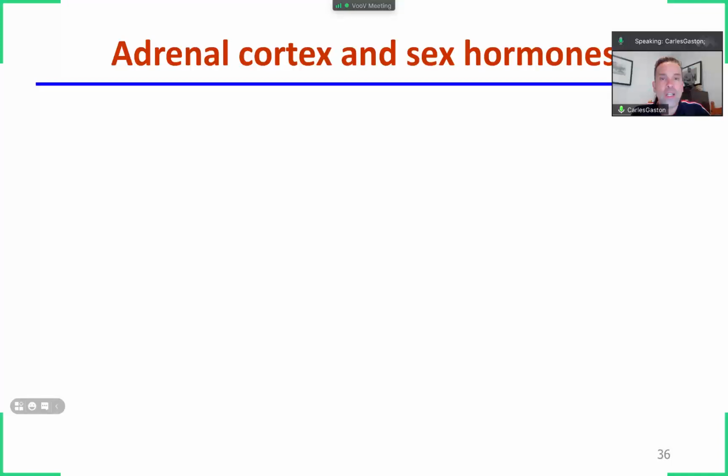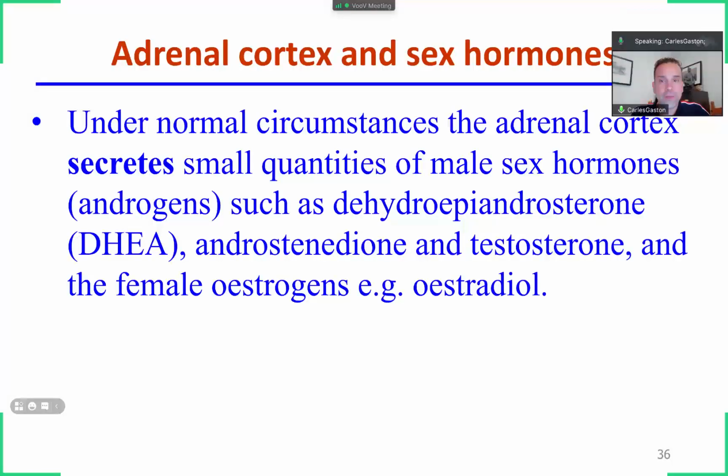So, adrenal cortex and sex hormones. Under normal circumstances, the adrenal cortex secretes a small quantity of male sex hormones called androgens, such as dehydroepiandrosterone, also known as DHEA, androstenedione and testosterone, and the female estrogen estradiol.